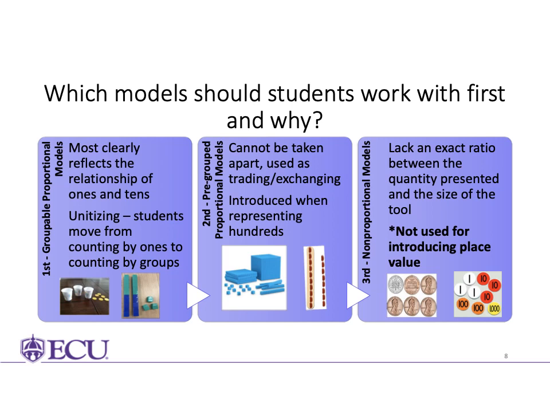Now, one of the other reasons that we move to pre-grouped models here is we're moving to the hundreds place in second grade. And so imagine using those groupable models and having to actually make a group of 100. That becomes really tedious. So as the numbers get a little larger, now we move to a pre-grouped model that's easier to build those numbers, okay?